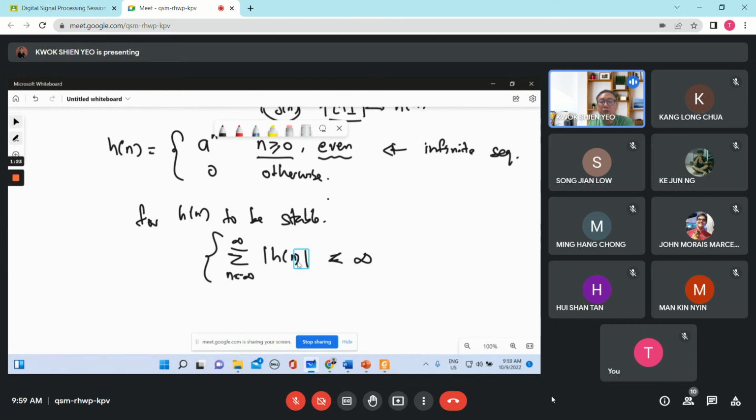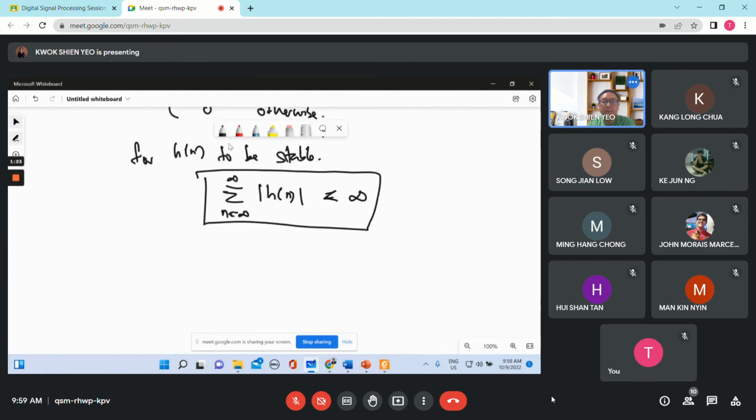Then for sure this h[n] would be bounded. So this is the equation that we wanted to prove, whether h[n] is bounded or not. So we'll check this one.